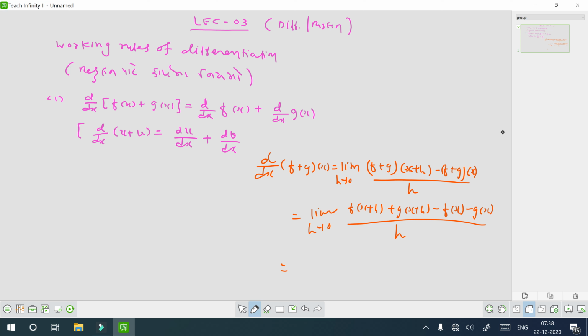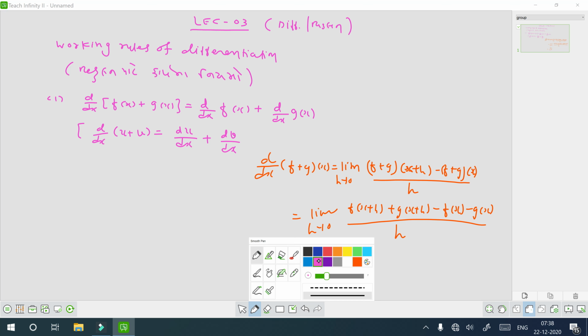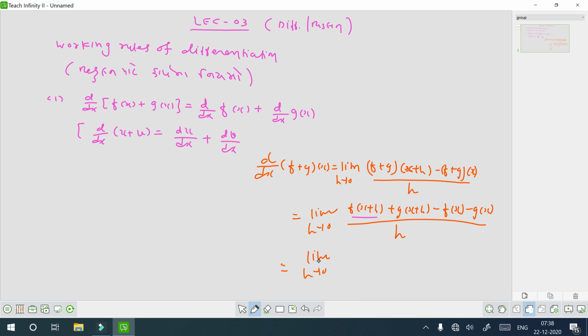We can separate it also: the limit of f(x plus h) minus f(x) over h, and the limit of g(x plus h) minus g(x) over h.